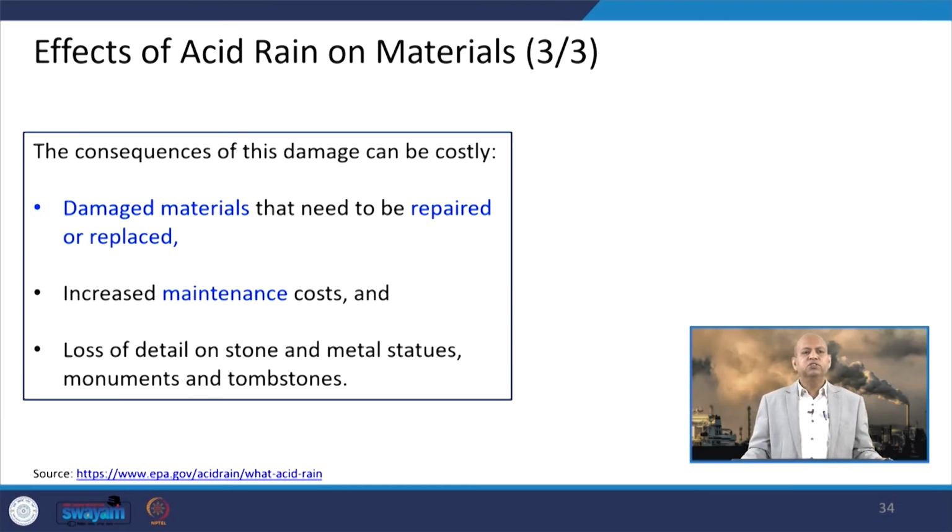The consequences of this damage can be costly, because then we have to repair them or replace them, and sometimes these monuments are very precious, because it is very difficult to recreate them, right.